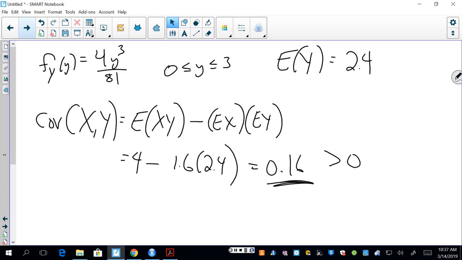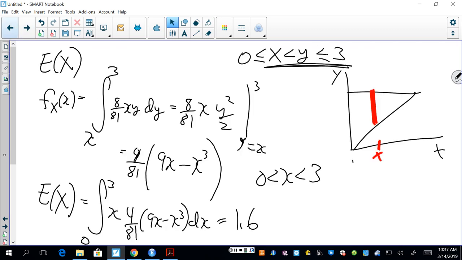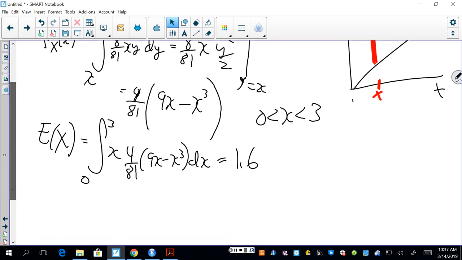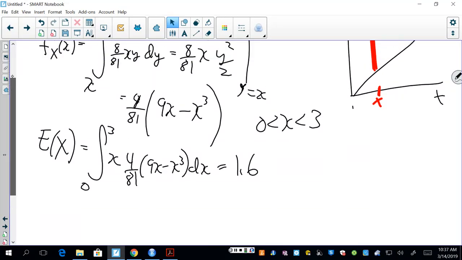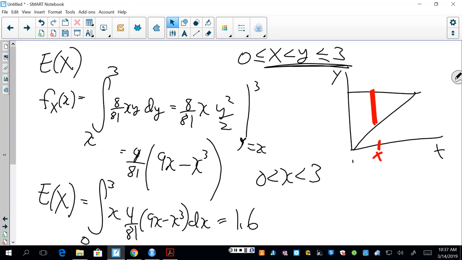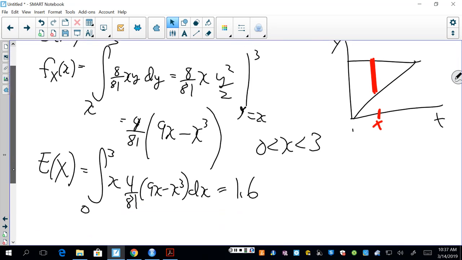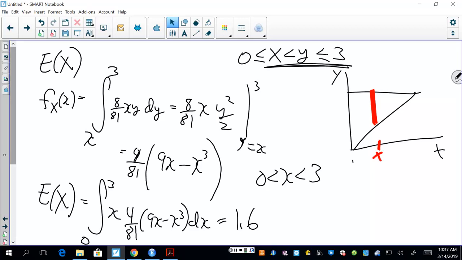In the previous, when we were calculating the expected value of x, is there a reason that we didn't just use a double integral? No, you can use a double integral. So what you can actually do is this 4 over 81, 9x minus x cubed.